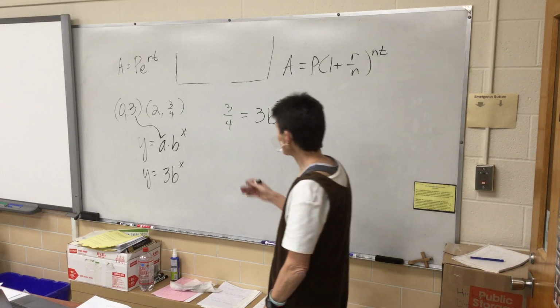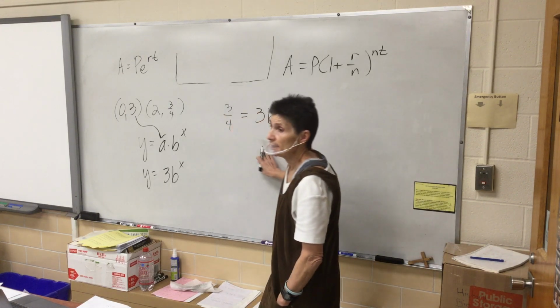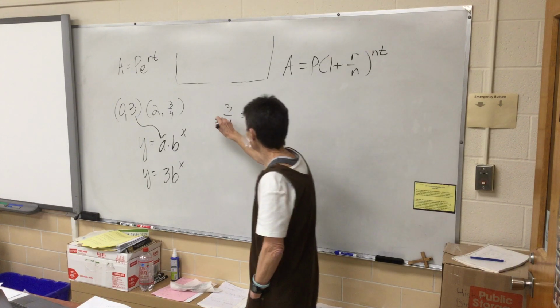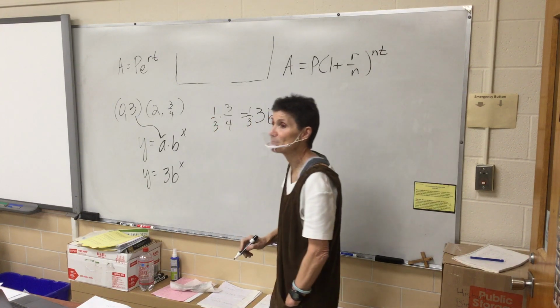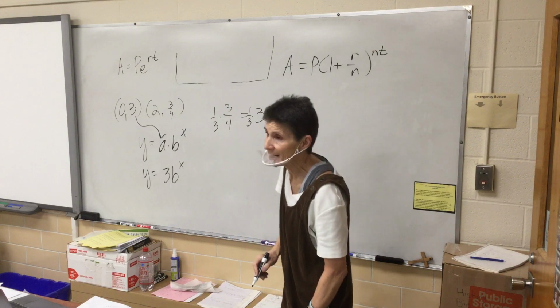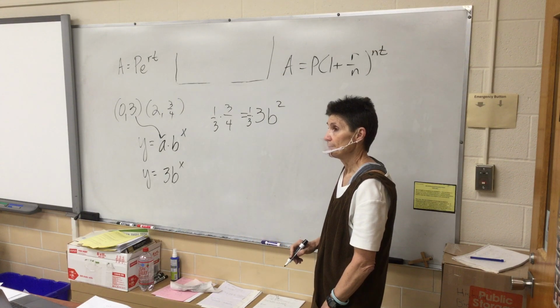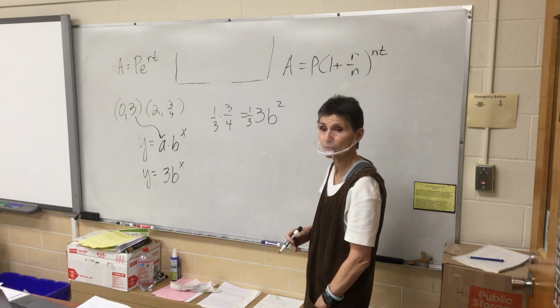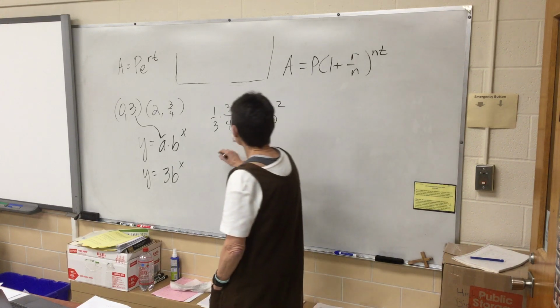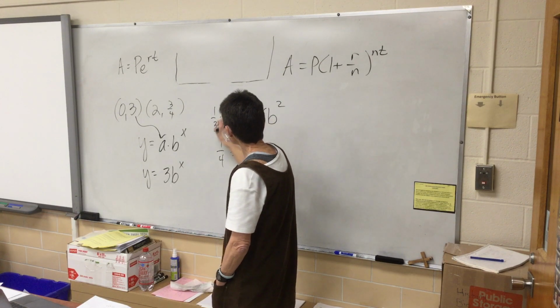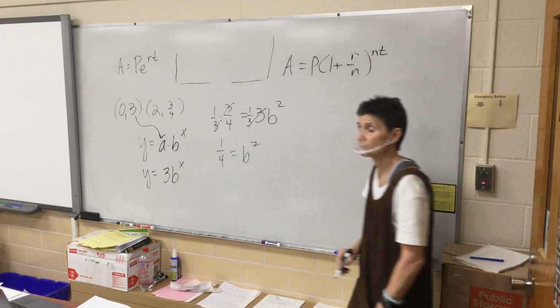Now, because this is a fraction, instead of dividing by 3, I'm allowed to multiply by 1/3. It's the same thing, and it's easier for me when I have fractions. So this is 1/4 equals b squared because those cancel.